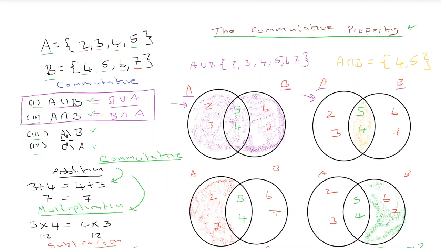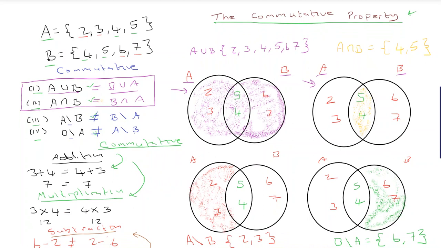Now, on the other hand, it does matter which way with, for example, the complement symbol that we use. It does matter which way you arrange the letters. So, for example, A complement B is not equal to B complement A. And we could say the same down here: B complement A is not equal to A complement B. We can see that if we look at the sets here.